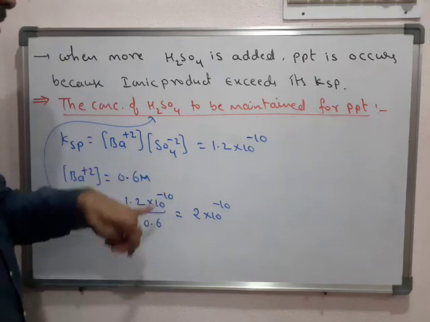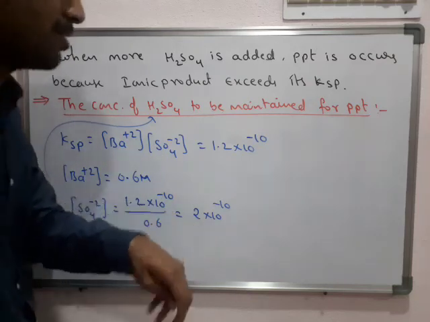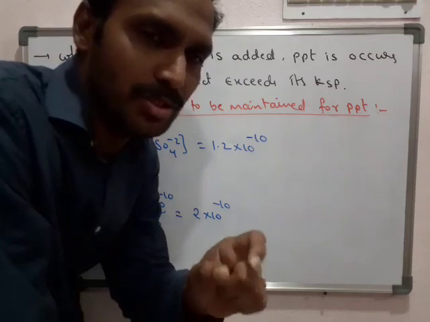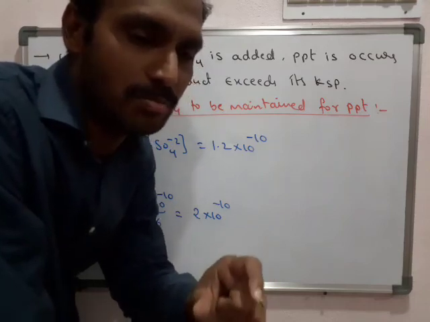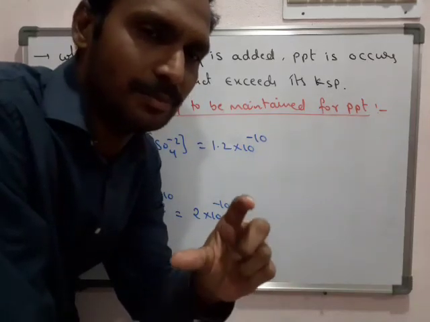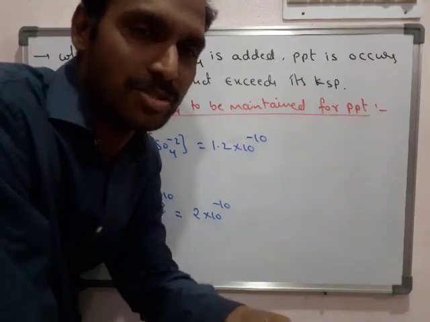SO4 minus 2 concentration must be 2 into 10 power minus 10. అంటే మనం యాడ్ చేసే H2SO4 కాన్సన్ట్రేషన్ 2 into 10 power minus 10 మొలారిటీ ఉంటేనే ప్రెసిపిటేషన్. సో అదంత ఫామ్ అయితే దట్ ఇస్ సాచురేటెడ్ సొల్యూషన్, అందుకంటే ఎక్స్ట్రా ఉండాలి.